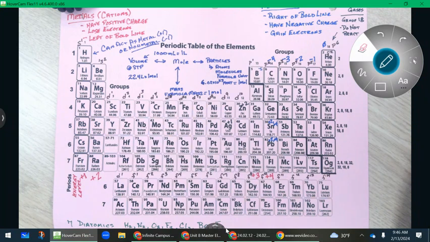The D's appear in the third energy level, correct? But in the third energy level of our periodic table, how many elements are there? Count them. 1, 2, 3, 4, 5, 6, 7, 8.